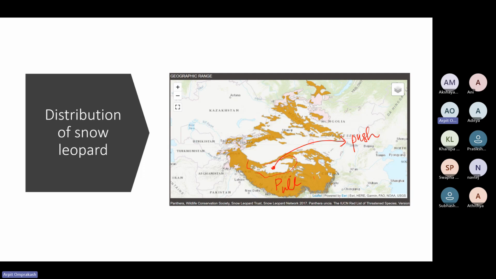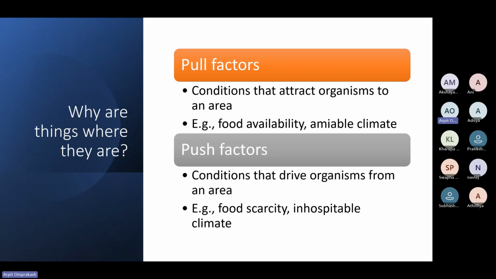Maybe there's a predator of snow leopards, or maybe the slope is too high, or maybe there is no prey available in that area. So things like food scarcity, which is unavailability of prey, or inhospitable climate. If it's snowing there all year round, then that might not be favorable for the animal to stay, right?